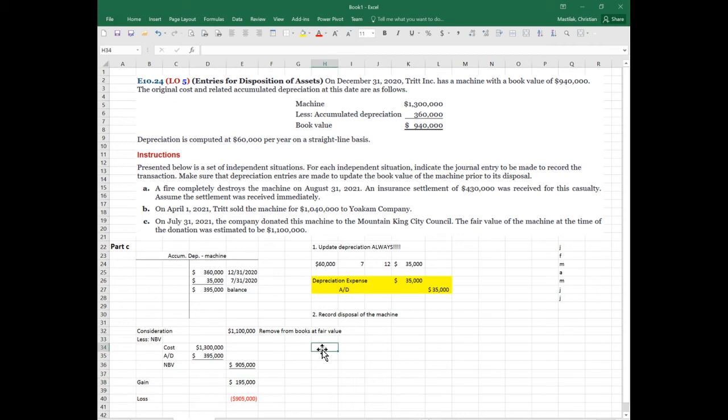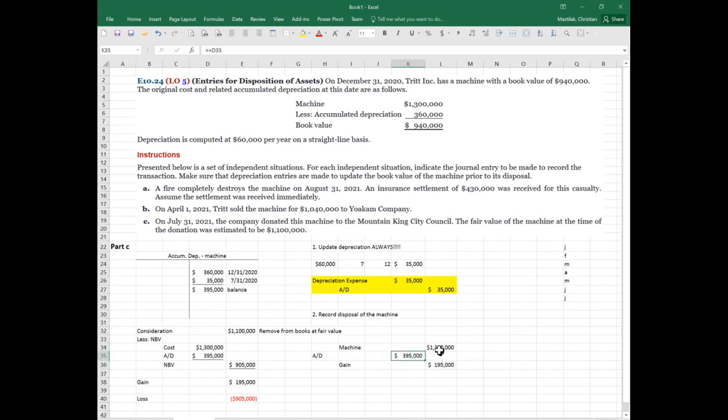What we're going to do here is, we are going to take the machine off the books in our journal entry at 1.3 million, take the cost off at the cost. We're going to take off the accumulated depreciation of $395,000. We're also going to record the gain at $195,000, and so now we've got $1,495,000 of credits.